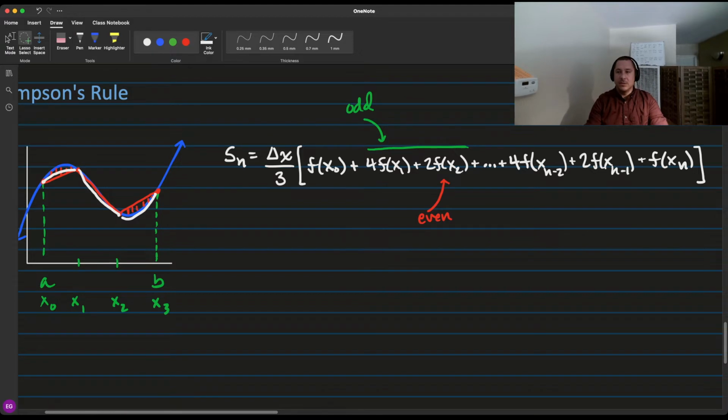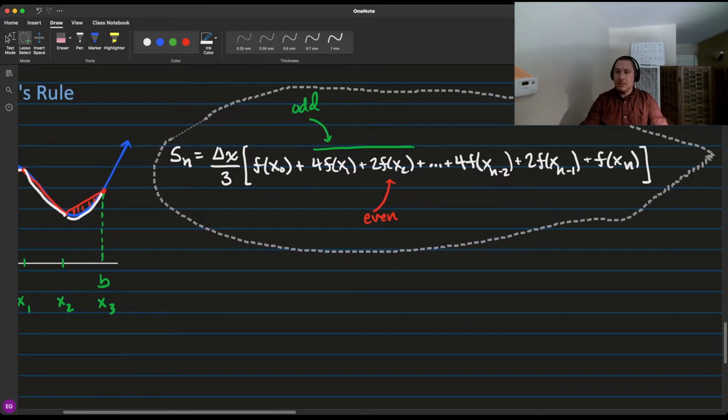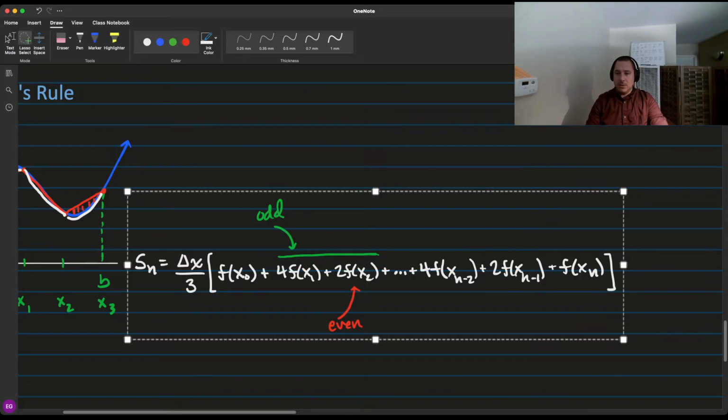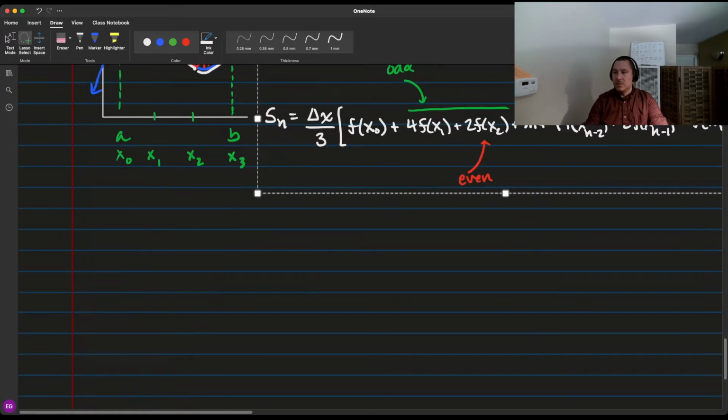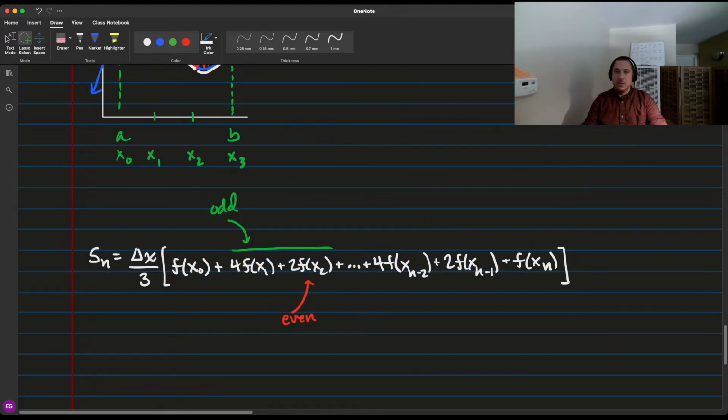I guess let's just sort of lasso this and move it over to the side a little. Okay, we'll just move it down. There we go. Okay, so notice it keeps on repeating this pattern of 4, 2, 4, 2.